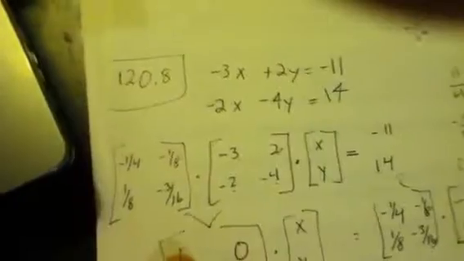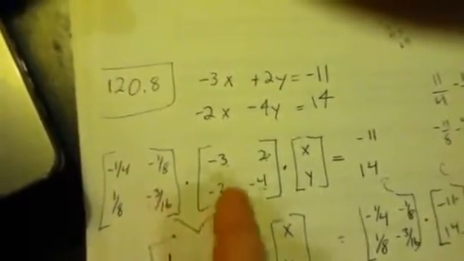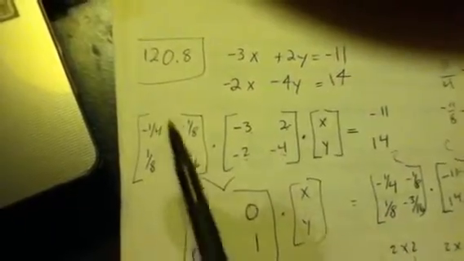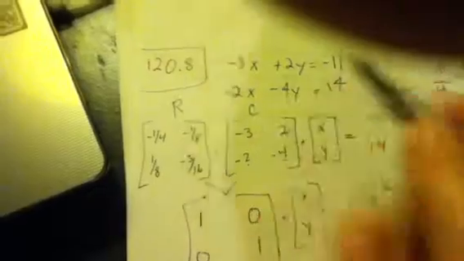So there it is. I multiplied these two together, and if you did your math right, you shouldn't have to multiply them together. You should know that they cancel out, but I just wanted to check myself. So if you remember how to multiply matrices, this one's the row matrix, and this one's the column matrix.